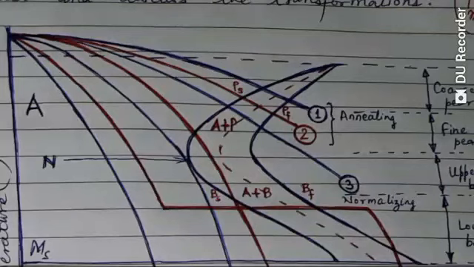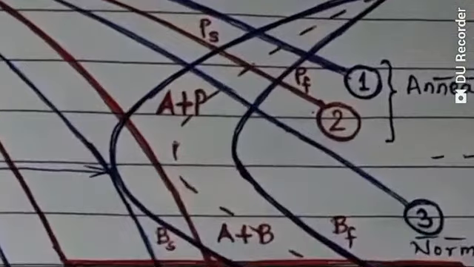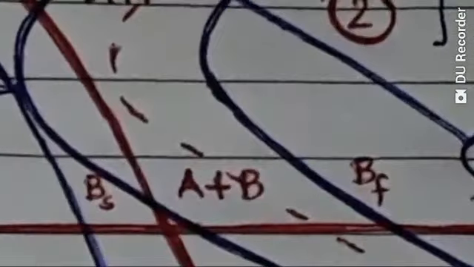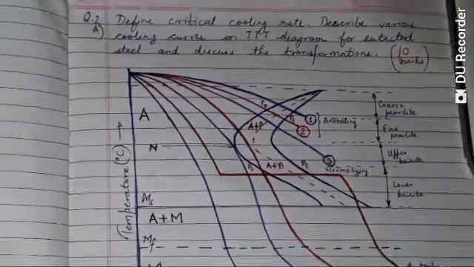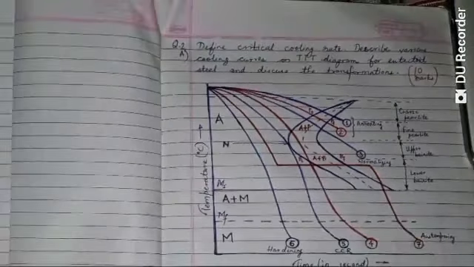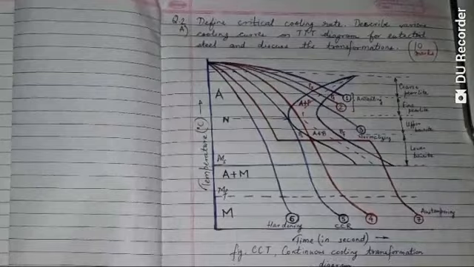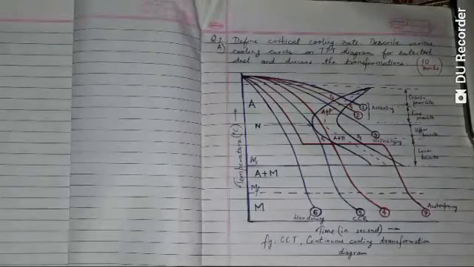So here in between, as you can see, it is A plus P, and here you can see A plus B. So this is the critical cooling rate, that is CCR, and this diagram is called as continuous cooling transformation diagram.